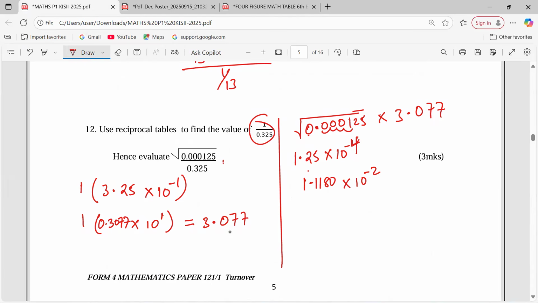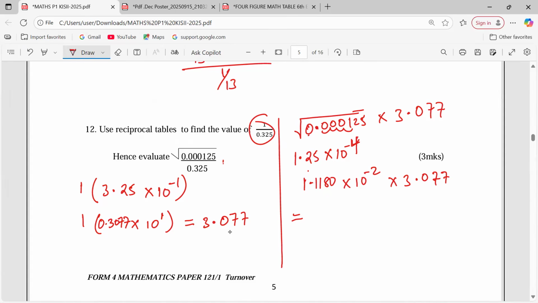Now for the 10 power, we take half of the power to obtain the square root. Then this should multiply 3.077 to give us the final answer. This then shall be 1.118 times 3.077, giving us 3.44.